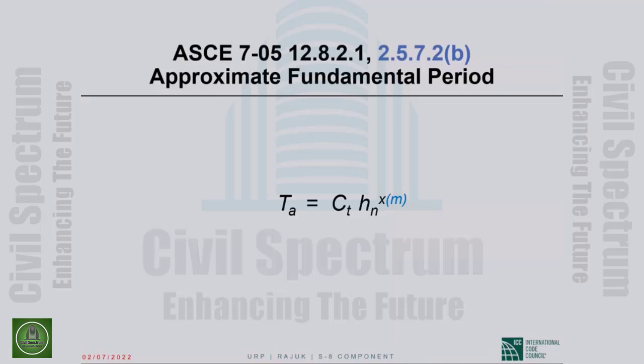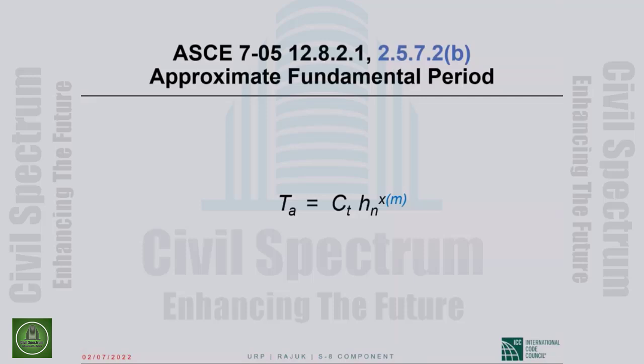But by the approximate formula, you will calculate the same period irrespective of direction. So that tells you there is no way it can be the real period of the structure.